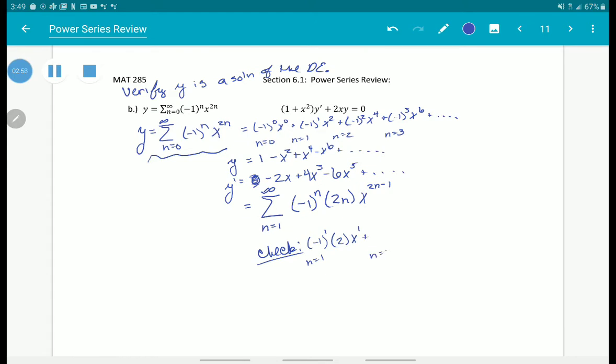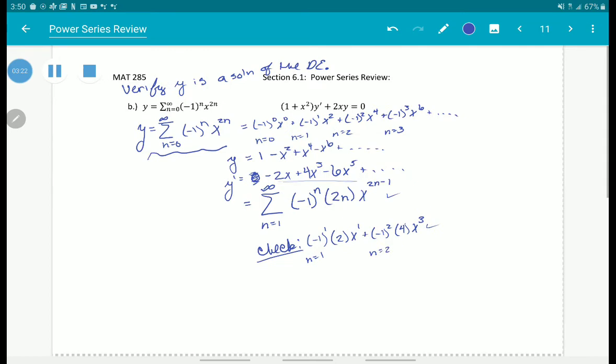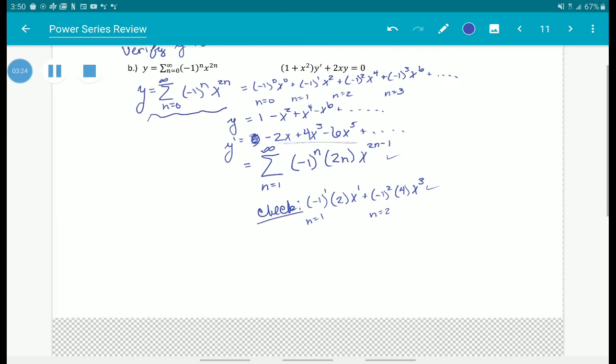If n is 2, we're going to have a negative 1 squared times 4 times x to the 4 minus 1, which is 3. So is that producing the same thing as what we know we should get here? And we can see that it is producing it. So we know this guy has to be correct. So it's always good to double check what you think that sum's going to look like.